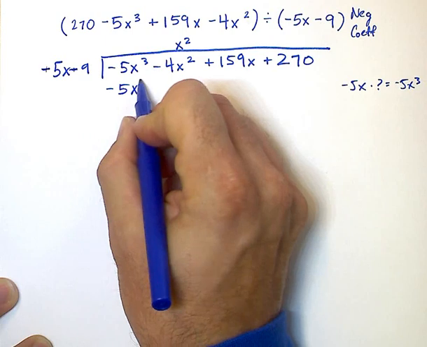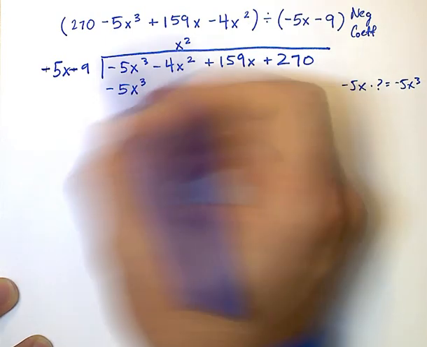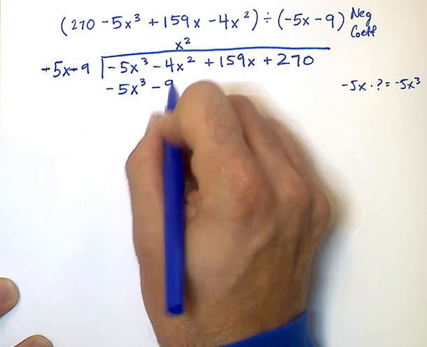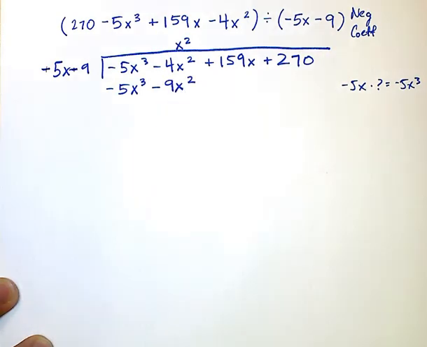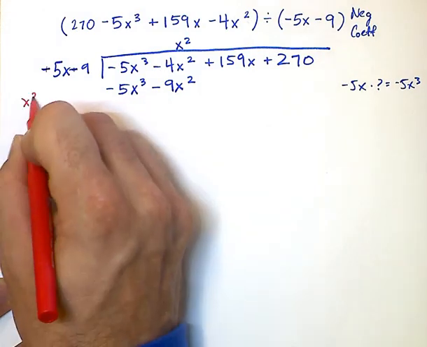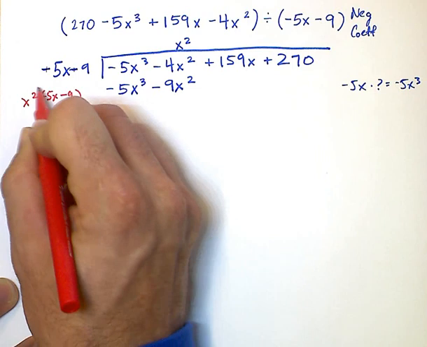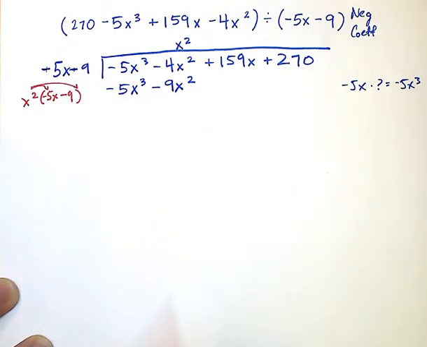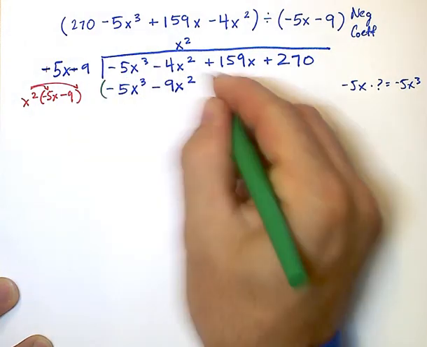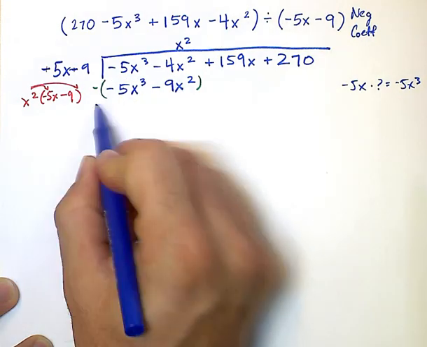Now don't forget, I also have to distribute this x squared to the negative 9, in which I'll get a negative 9x squared. So basically, you're getting this result by doing x squared times negative 5x minus 9 and distributing. And don't forget, when you're doing long division, you're subtracting this from what's here.